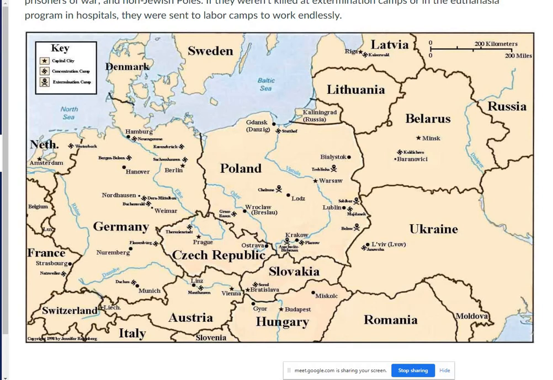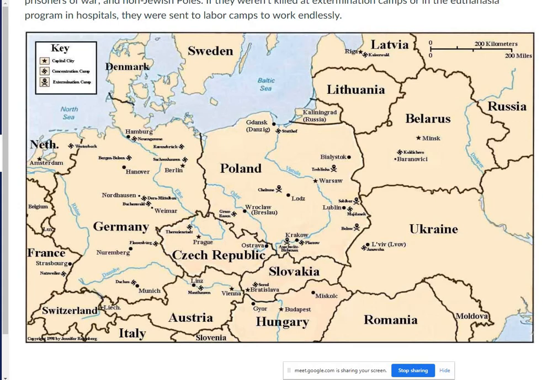So of those 4, which one was an extermination camp? Dachau is right down here, and it has the swastika, so that is a concentration camp. Buchenwald is right here, again a concentration camp.